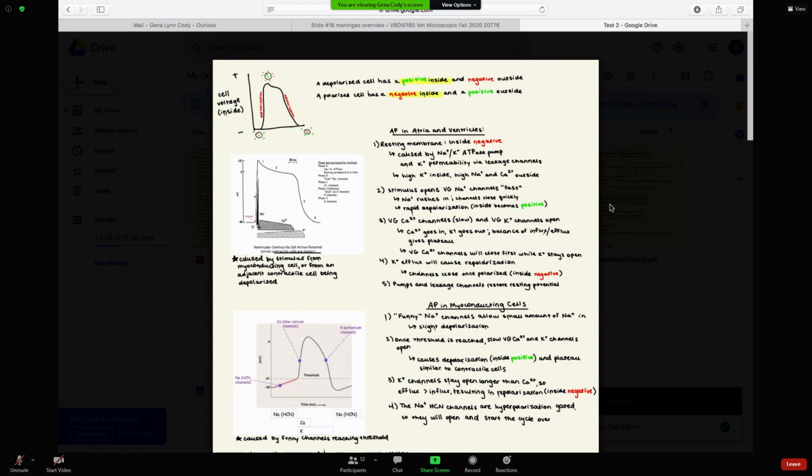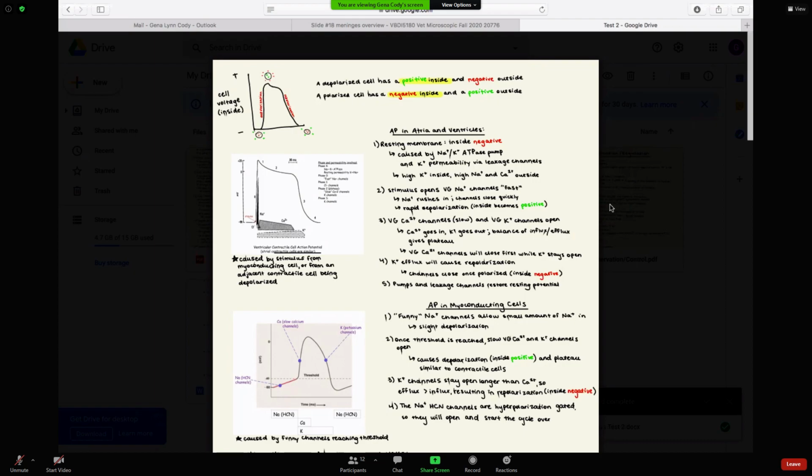That's your SA node, your AV node, the bundle, and Purkinje fibers, which is the old name for it. And then you've got your regular ventricle and atrial contractile cells, and those are the bulk of the organ. So the action potentials look fairly similar, and they function similarly as well.